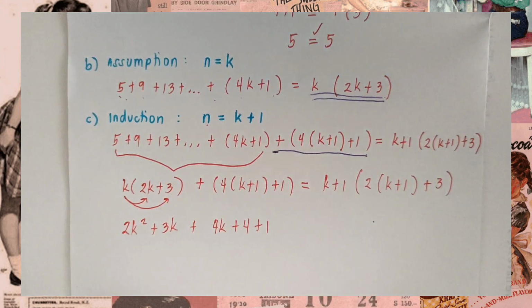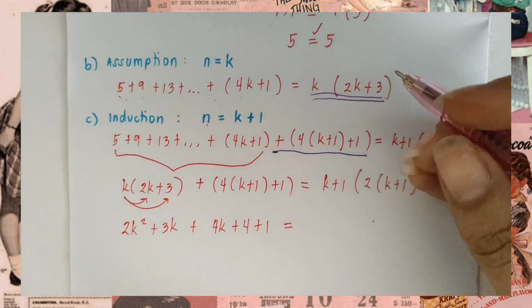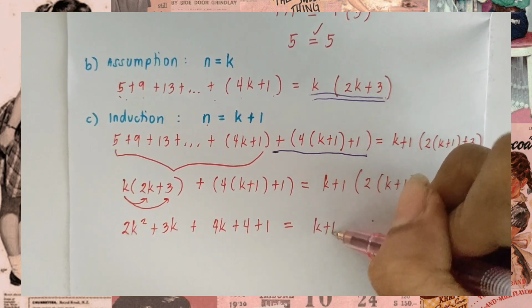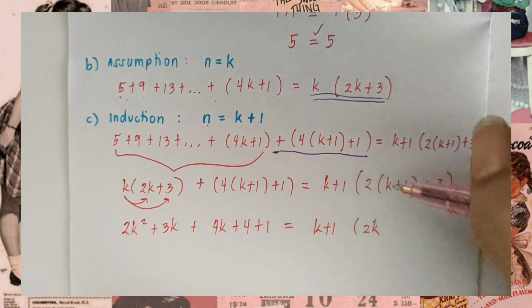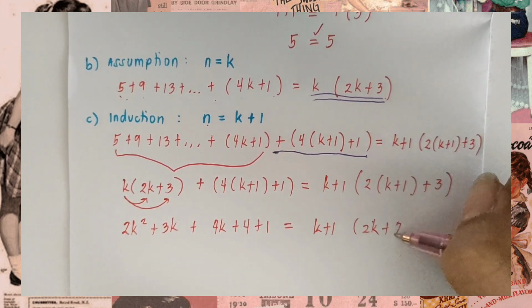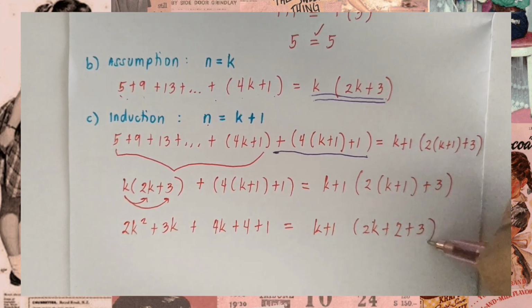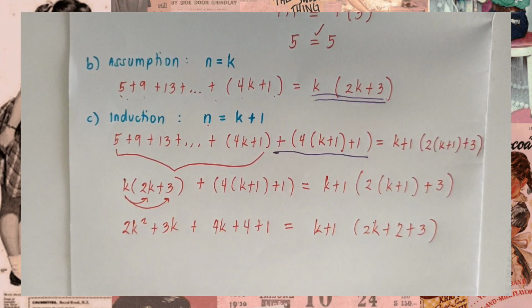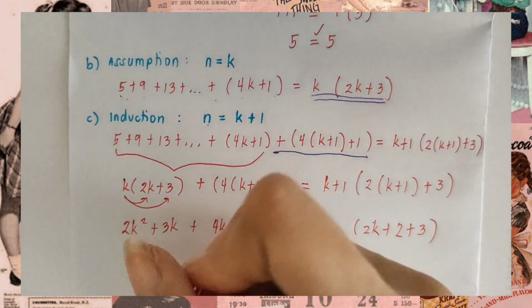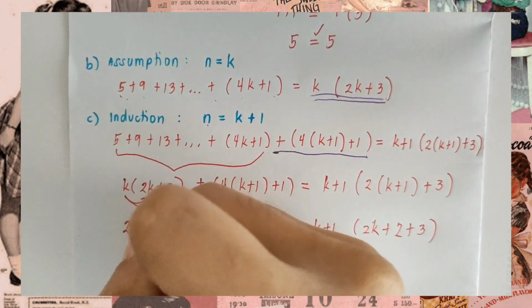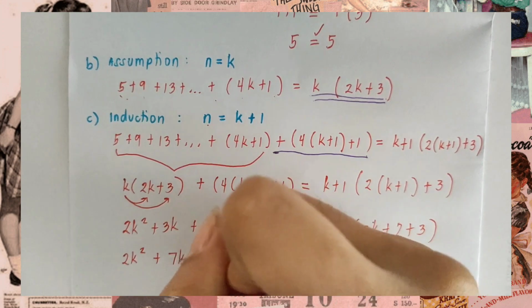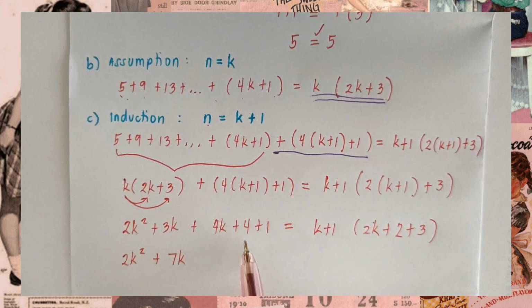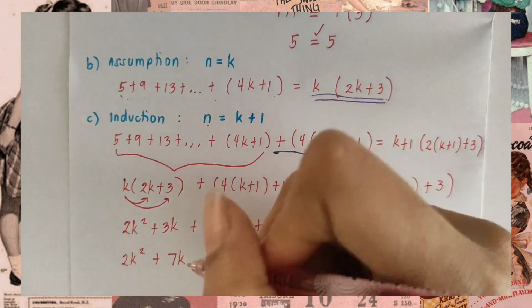Equals, we have k plus 1 here, and then distribute 2 times k, that is 2k, 2 times 1, that is 2, plus 3. Simplify. Combine like terms. Bring down 2k squared, and then 3k and 4k are similar, so we need to add. It will become plus 7k, and then our constants, let's combine 4 plus 1, that is 5.